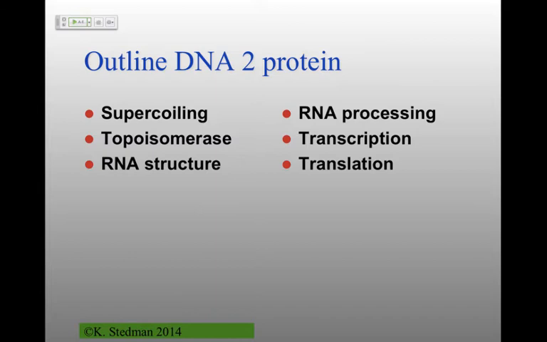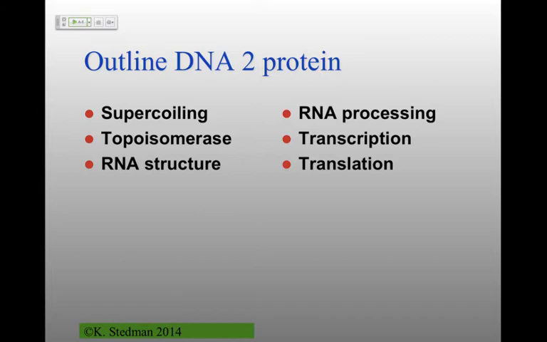How you do that is through the topoisomerases. We'll talk about basically two different kinds of topoisomerases. You've got Topo Is and Topo IIs. All that has to do with is that Topo Is cut one strand of your DNA and Topo IIs cut two. RNA structure we'll look at a little bit. We can only very much scratch the surface in terms of RNA structures because any nucleic acid structure you can imagine is found in RNAs.